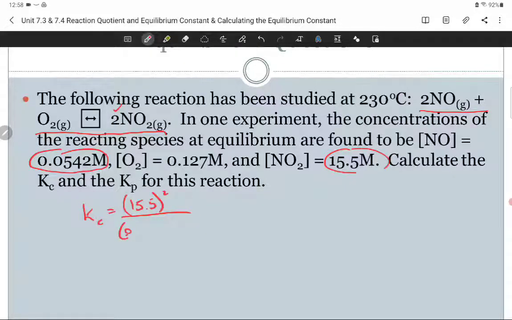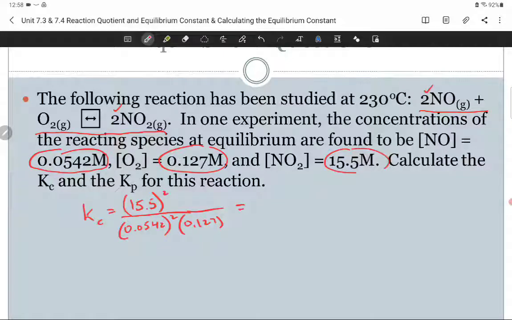And it's raised to the power of 2 because that 2 right there. And then oxygen has a value of 0.127 molarity.